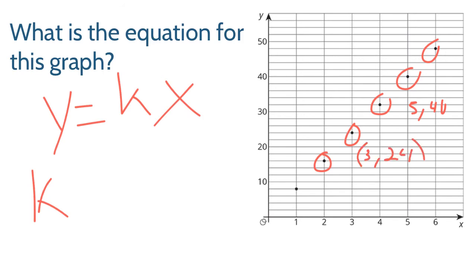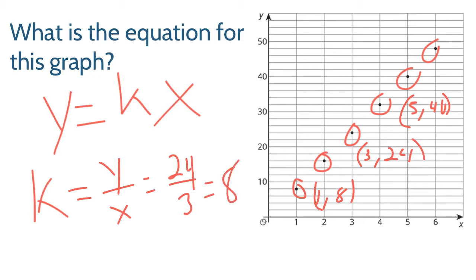It doesn't matter, okay? Or I could even just take this one here, 1, 8. Whatever one I choose, it's going to give me the setup to figure out what it is. So if I did 24 over 3, that gives me 8. Since the unit rate is right here, I could have just used that. In either case, we'd get y equals 8x. And that's the equation for that line.